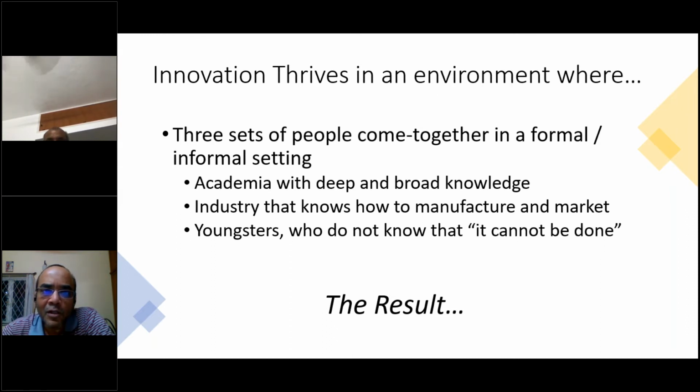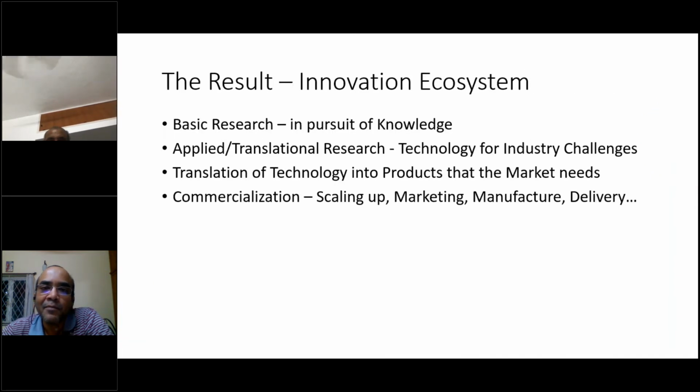So how do you get this all working? That is what we call an innovation ecosystem. You want to build an ecosystem where all those aspects we just spoke about happen in unison, so that the output of all that effort is innovation.